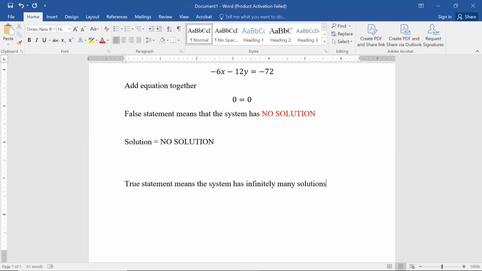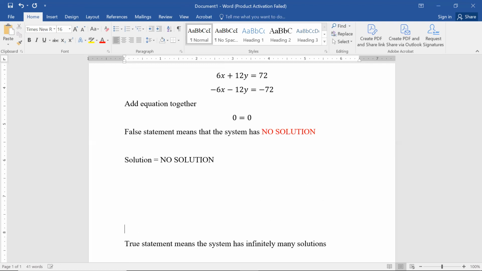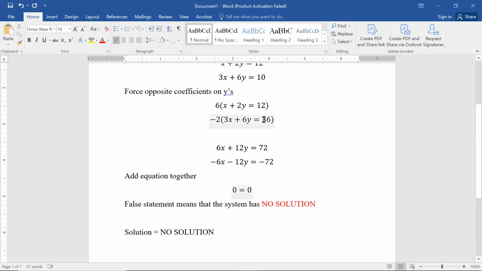Hopefully you remember back from our previous graphing of solutions to systems that no solutions means that we have parallel lines. Infinitely many solutions means that the lines are exactly the same. So I'm going to go back and change this to the original so that it doesn't throw things off.